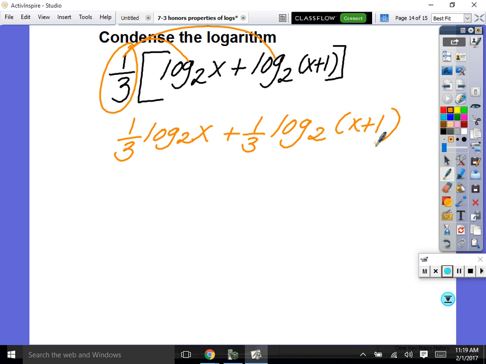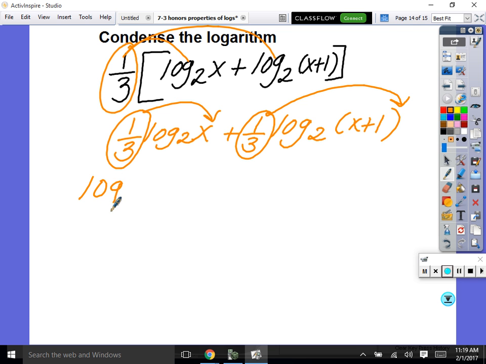Now we fix our exponents. So we have log to the base 2 of x to the 1/3 power, plus log to the base 2 of x plus 1 to the 1/3 power.